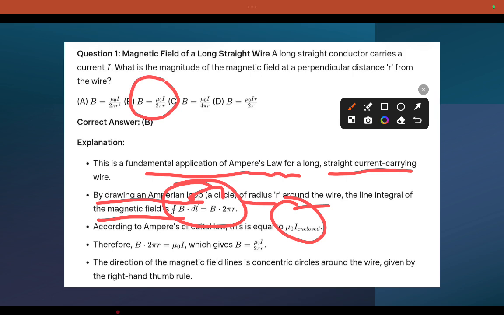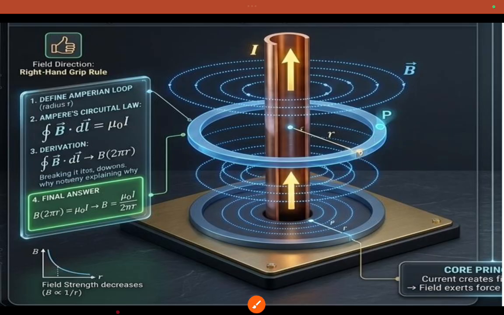Therefore, B into 2 pi r equals mu naught I, B equals mu naught I by 2 pi r. The magnetic field lines are concentric circles around the wire, with direction given by the right hand thumb rule. So here is a representation. The right hand thumb rule gives the information related to the field direction.